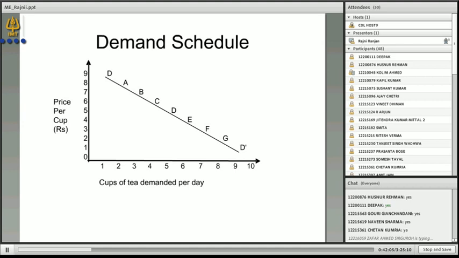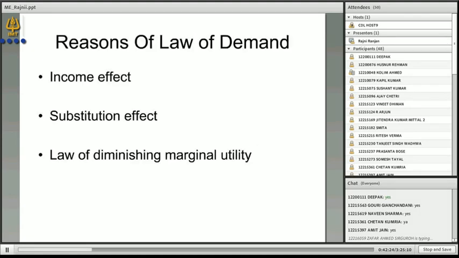So assuming you've understood that there will be a downward slope because there is an inverse relationship: price goes up, demand goes down; price goes down, demand goes up. Next, we need to prove it, because just saying this is not believing. We need to prove that there is something known as the law of demand, which says that there is an inverse relationship.